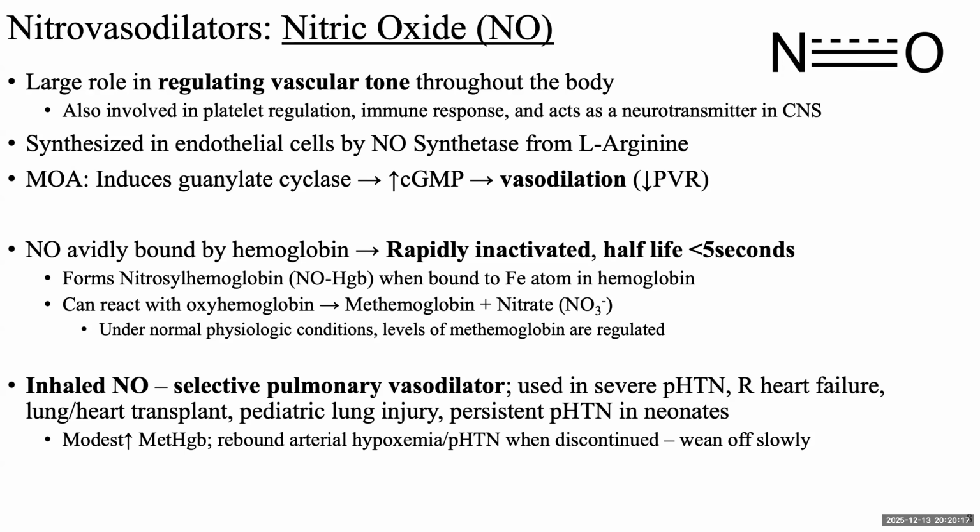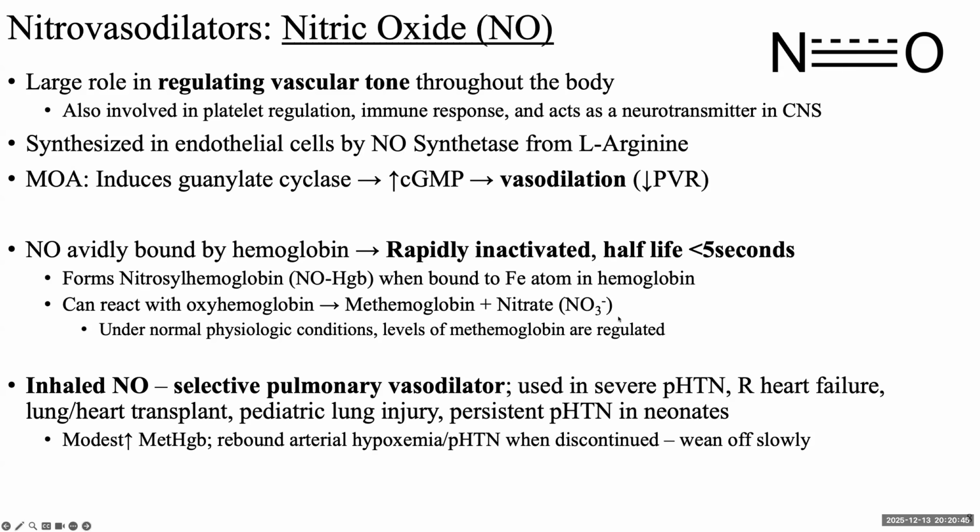So when it's bound, it forms nitrosyl hemoglobin, and that's when the nitric oxide binds the iron atom in hemoglobin. And it can react with oxyhemoglobin as well, and we'll get a formation of methemoglobin plus nitrate.